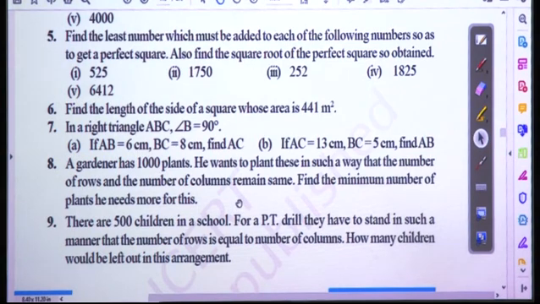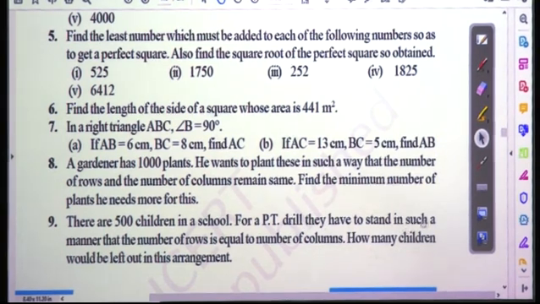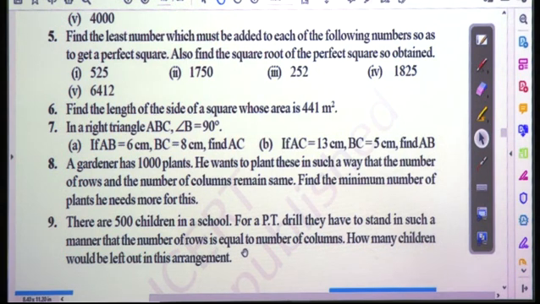Okay. Let us see the next question, that is the 9th question. There are 500 children in a school. For a PT drill, they have to stand in such a manner that the number of rows is equal to the number of columns. How many children would be left out in this arrangement?